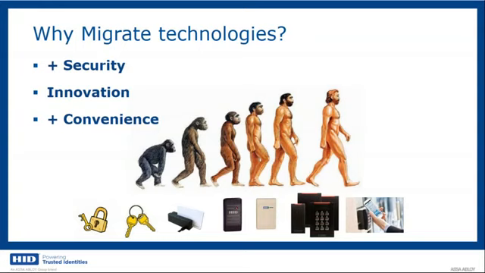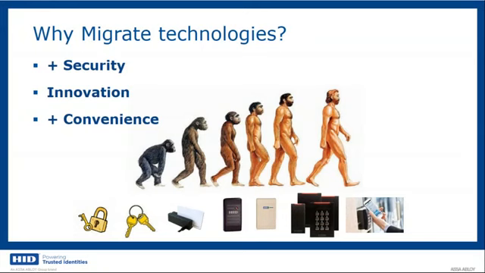We can talk about innovation. Right now we can use our mobile phone to identify ourselves, we can use our wearables, we can use our tablets. So we are using a more advanced technology, and we can also talk about more convenience, because even if you maybe don't believe me, the new technologies sometimes are not more expensive than the old ones, okay?